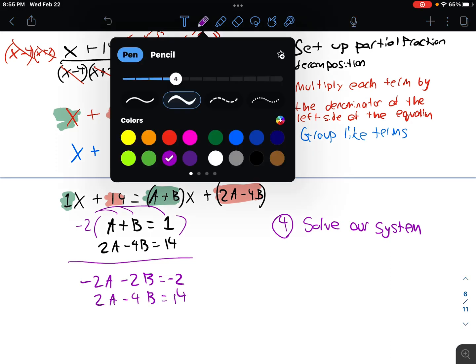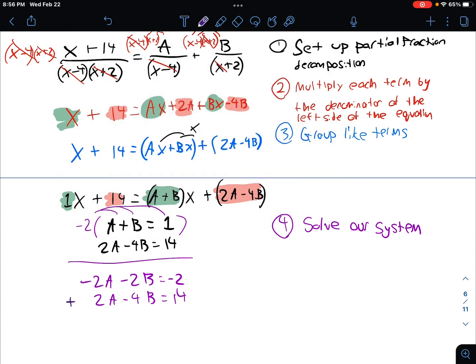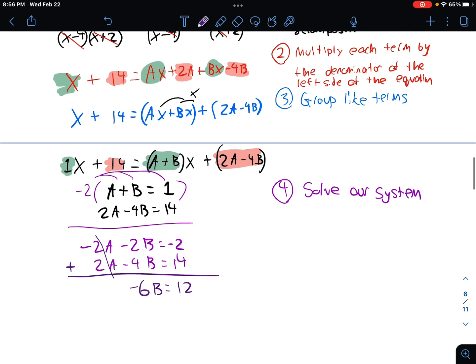We add these two together, and the A terms cancel. We get -6B equals 12. To solve this, we divide both sides by -6, and we get B equals -2.